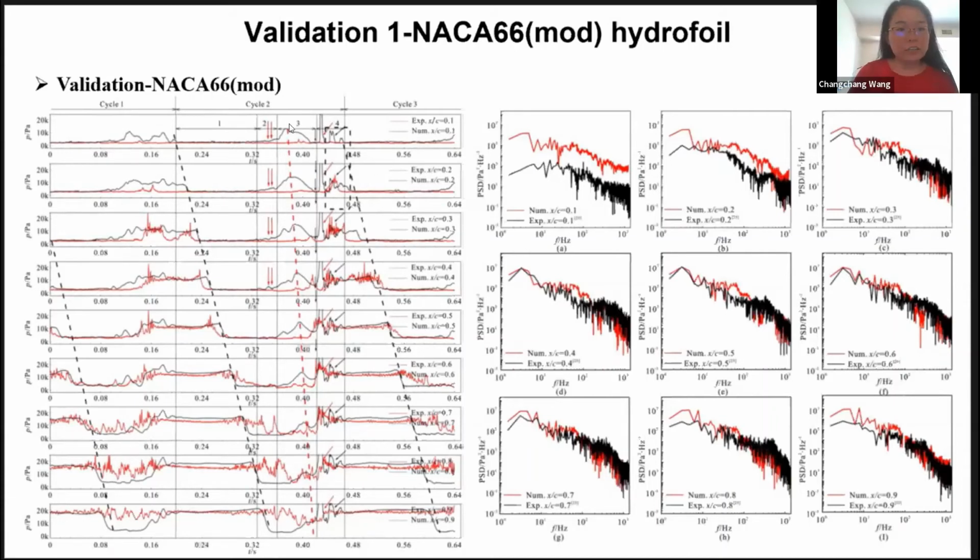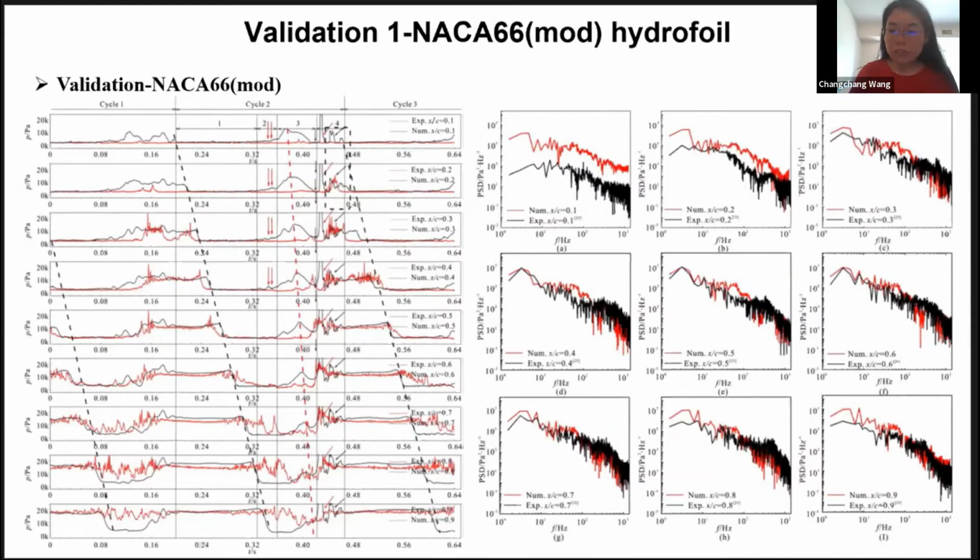And then there is the large-scale cavity cloud shedding and collapse stage. A large pressure peak is predicted along with the rebound process. This is in agreement with the experiment measurements, where lots of pressure peaks are observed.